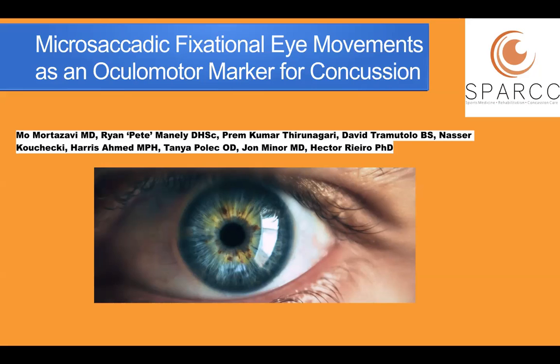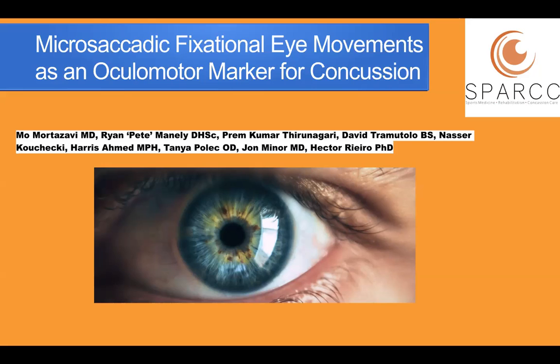But normal is generally between 0.5 to 1.5 degrees in magnitude, depending on the study you look at and what sort of laboratory settings they had. This is again on a graph, what you would see when those microsaccades are taking place during attempted gaze fixation.